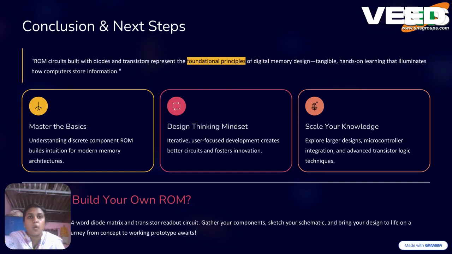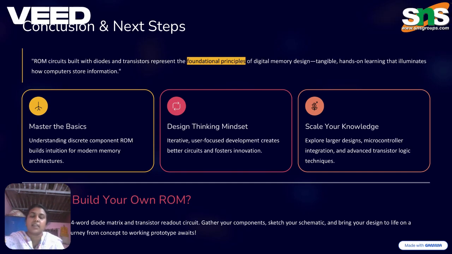While modern systems may use microcontrollers or programmable memory for flexibility, diode matrix ROMs remain an excellent educational example of how digital circuits can store and output fixed data patterns for display and control purposes. Thank you.